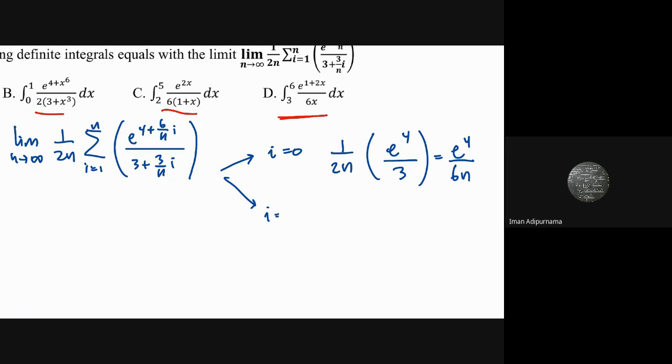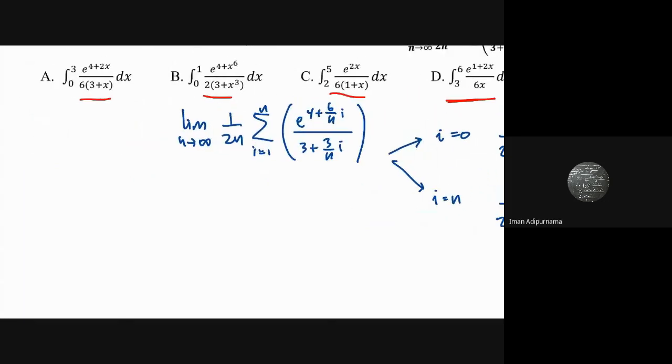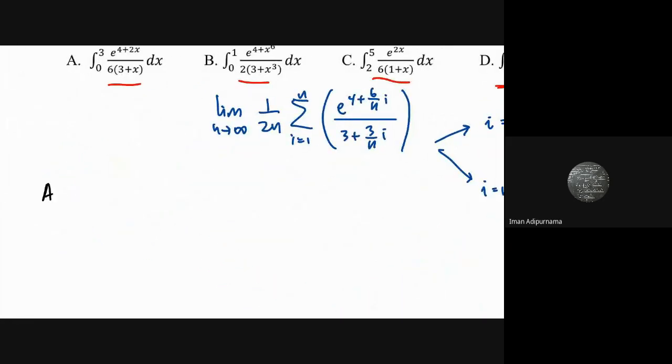And when i is n, this results in 4 plus 6, and this will be 3 plus 3. This will result in e with power of 10 over 12n. So basically, from what we have here, I think this should be checked one by one.